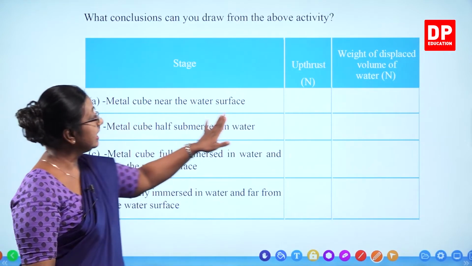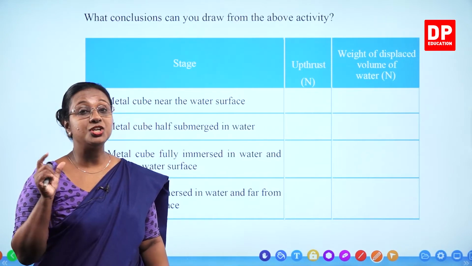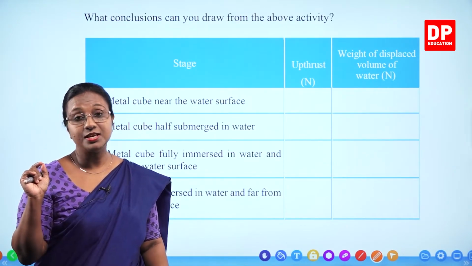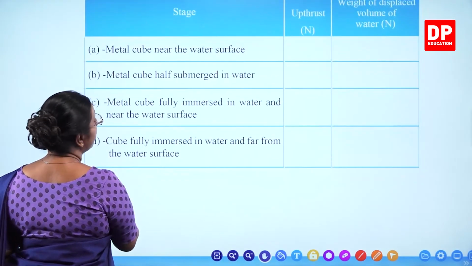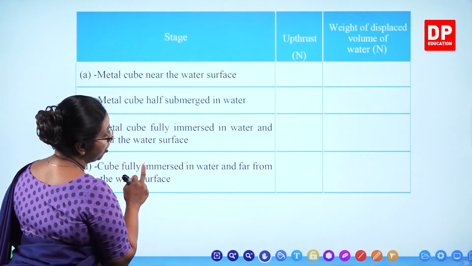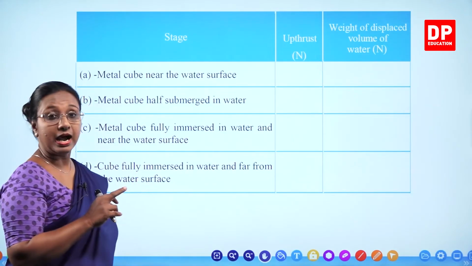So there we did the calculations. I showed you all the calculation where we calculated the weight of water that was displaced. You all can remember that. So weight of water that was displaced, weight of displaced volume of water, that is one, and we need to find the upthrust.